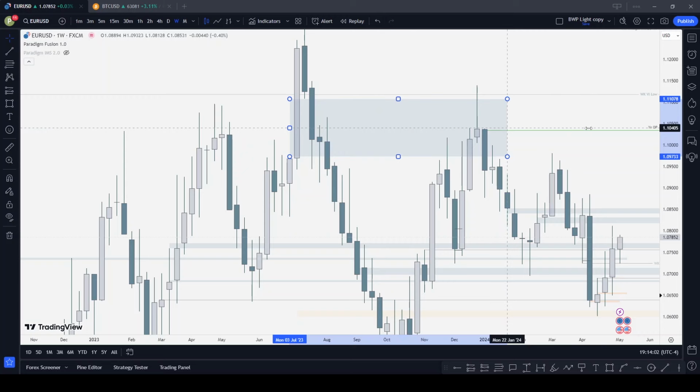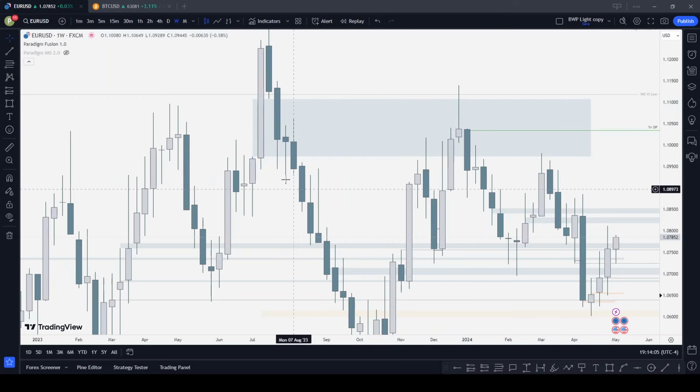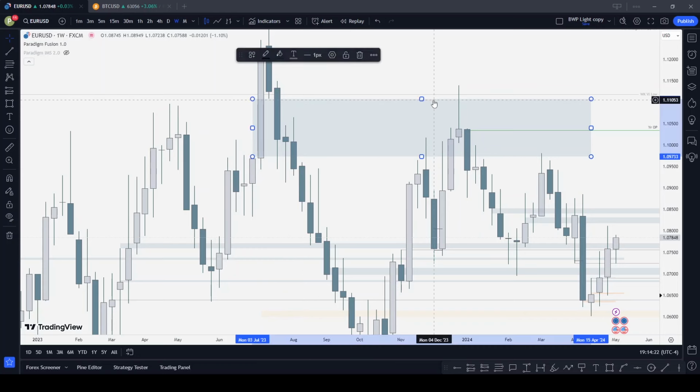Extend it out in time. This is a bullish fair value gap. When you get a close below a bullish fair value gap, the algorithm is going to use that fair value gap as a bearish fair value gap. You can see as price came back into it, and then you see how price reacted to it.